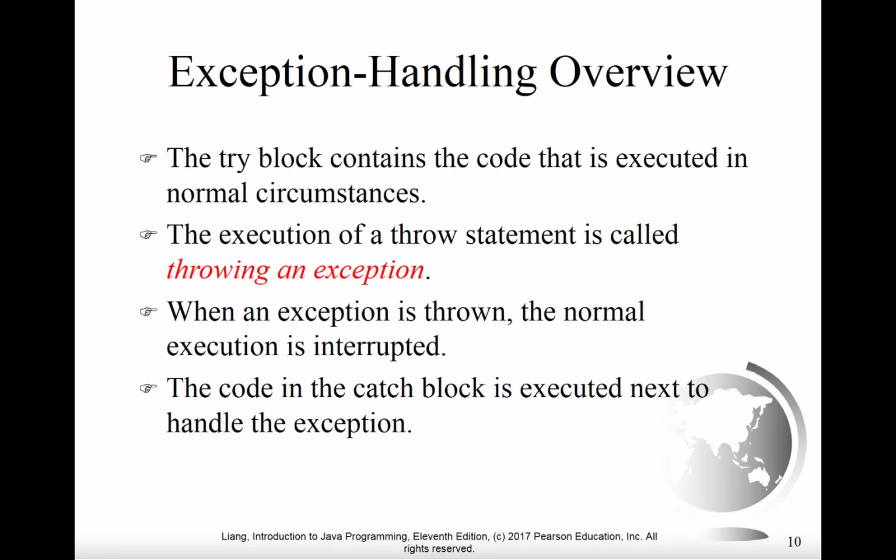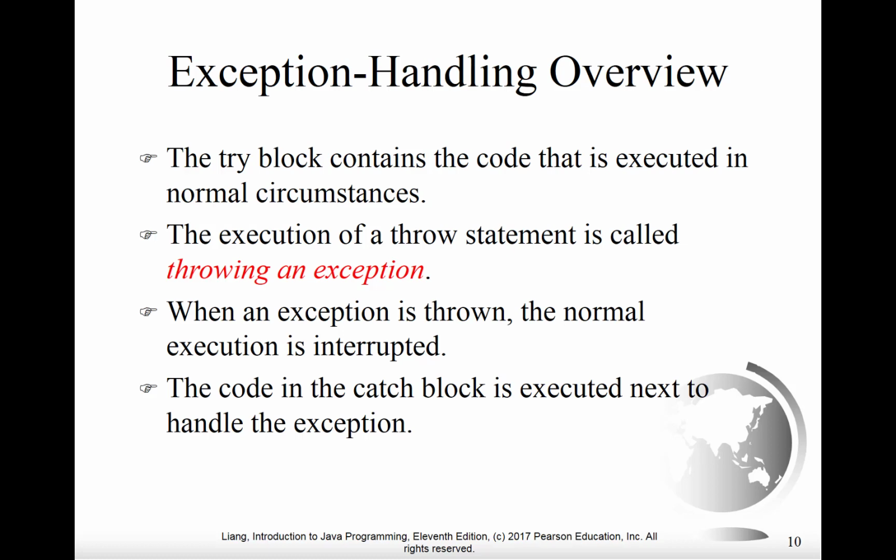Here then is a complete overview or summary of what we just talked about. We have a try block, first of all, that has code that gets executed meant to deal with normal circumstances. However, sometimes within that try block, something unusual or exceptional might happen. And when it does, there will be an exception thrown either by a statement directly in the block or as a result of a method call outside the block that throws an exception.